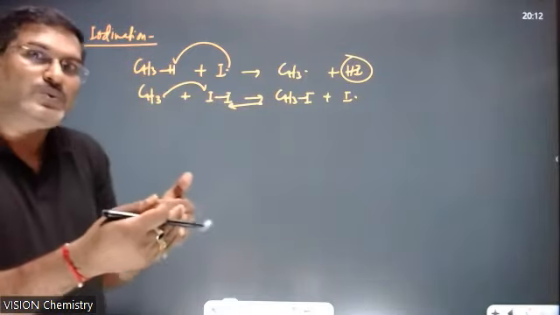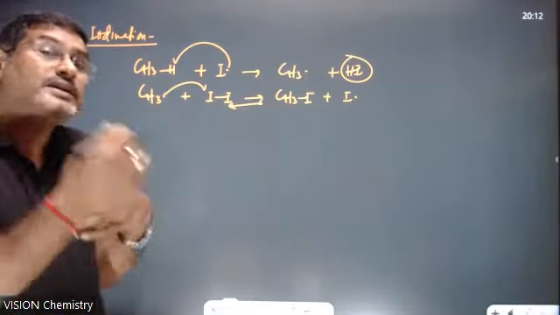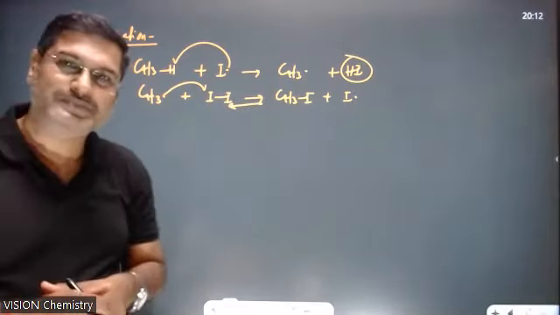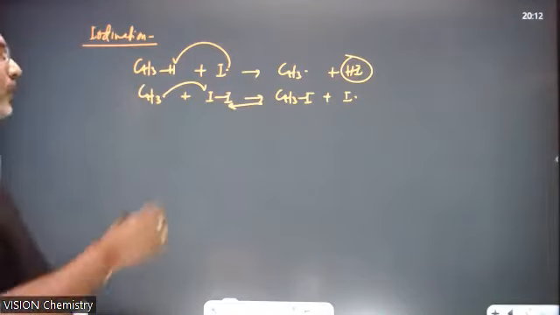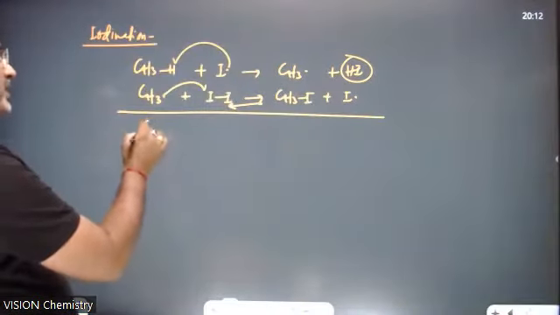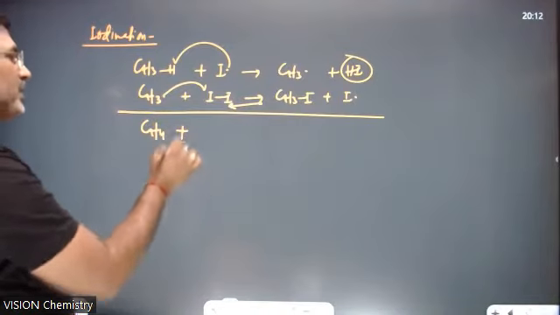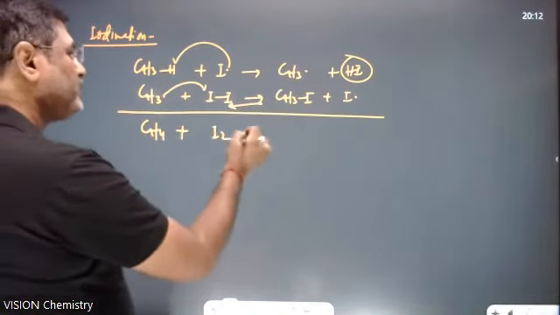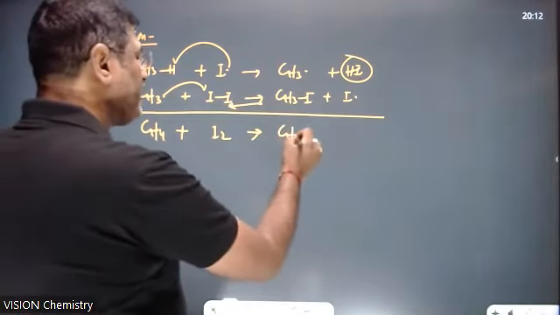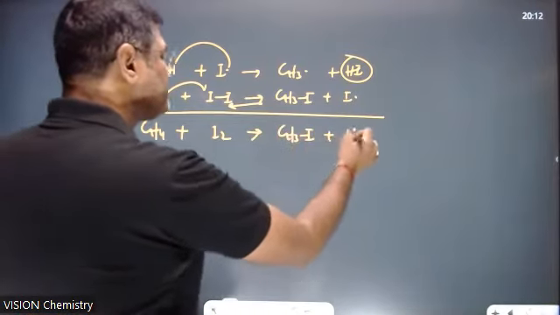Formation of I2 is energetically more beneficial than formation of the CI bond. Overall, you write CH4 plus I2 gives CH3I plus HI.